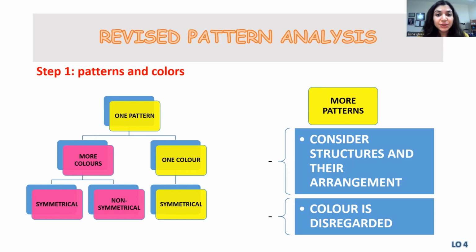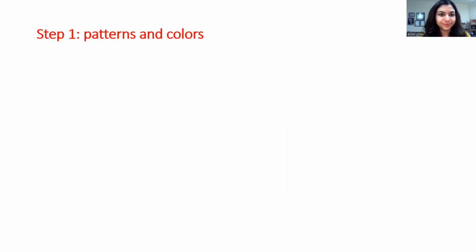If there is one pattern, you go for looking at the colors. But if there are more patterns, for example, you see the network as well, you see the dots or you see peripheral streaks, then instantly you go for looking at their arrangement. How are they arranged? Are they arranged symmetrically or non-symmetrically? You just do not consider their color. So the color is disregarded then.